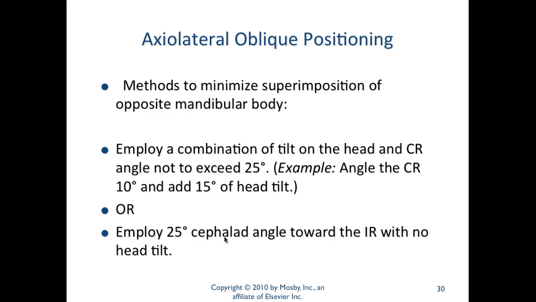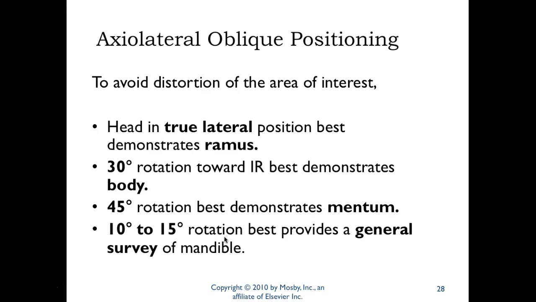So you employ the head tilt, not to exceed 25 degrees. So if you can angle the CR 10 degrees and tilt the head 15 degrees, or you can do a 25 degree cephalad angle towards the IR. Looking back here, when we are turning the head, this is taking your MSP towards the board, the IR.